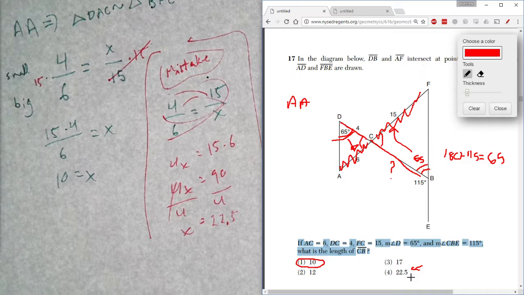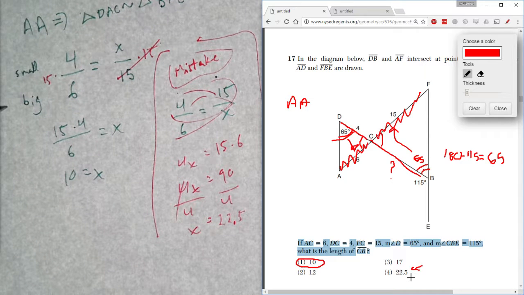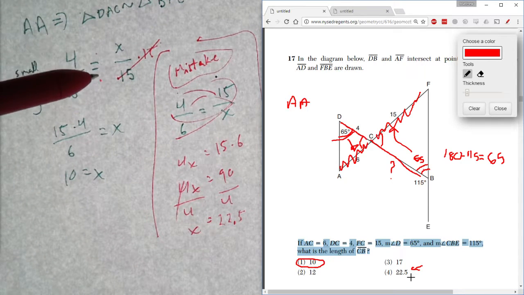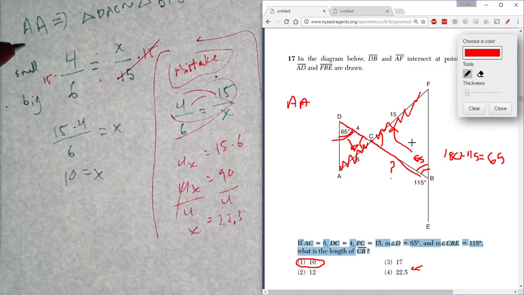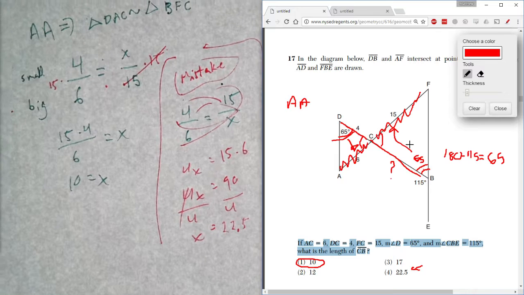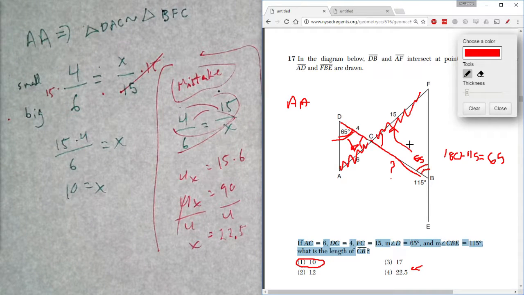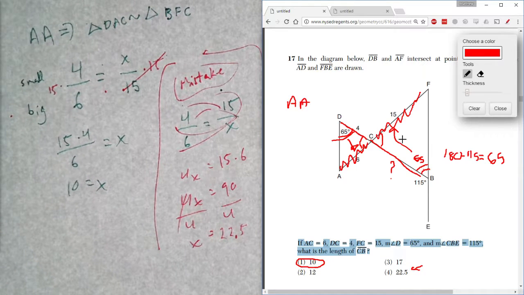Look, I noted small side, big side, and small side, big side. I paid attention to the opposite angles. You lose points by making silly, fast mistakes and going through it quickly. Take a moment, breathe, write things down, organize your thoughts, and get the correct answer. And in this case, yes, the correct answer is number 1.